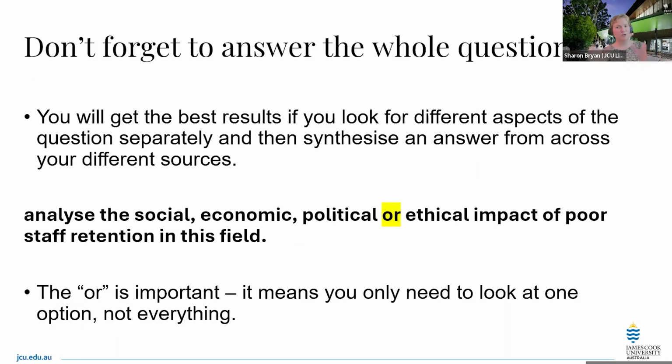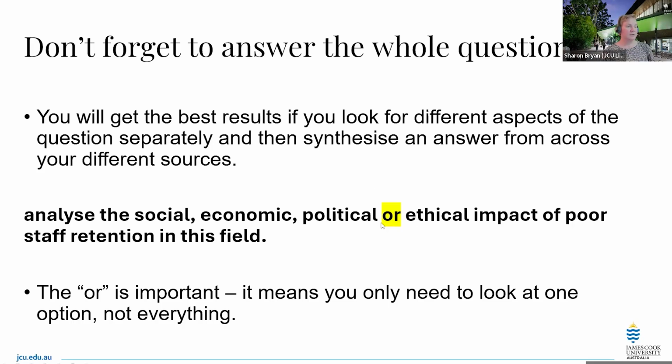And then I'm going to look for the economic impact of staff turnover. So I'm looking at those two concepts. And then I'm going to use my brain to stitch together those two ideas. So if this is the staff turnover situation in nursing, and this is the economic impact of staff turnover, then this must surely have an impact on nursing because of the staff turnover problem. Me? Yay!